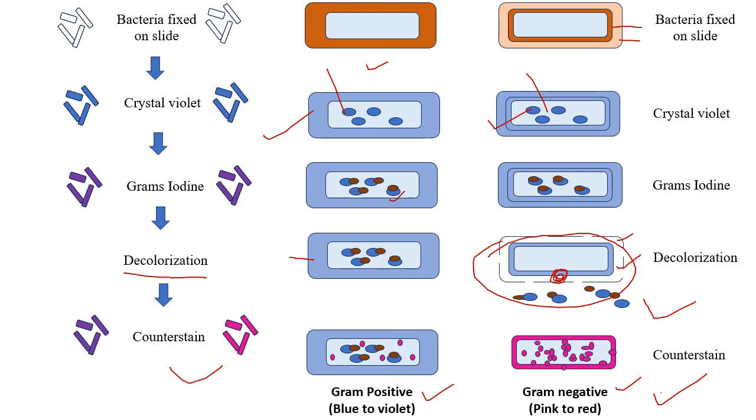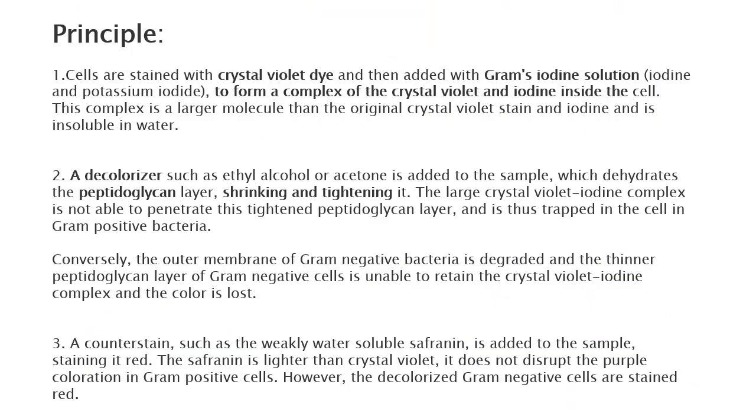You can have some words for this principle, like: cells are stained with crystal violet dye, then added with gram's iodine solution. They form a complex of crystal violet and iodine inside the cell. This is a larger complex molecule than the original crystal violet and iodine solution.